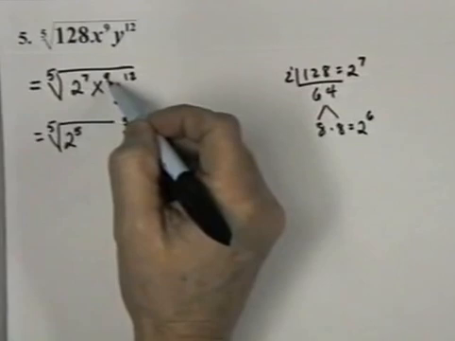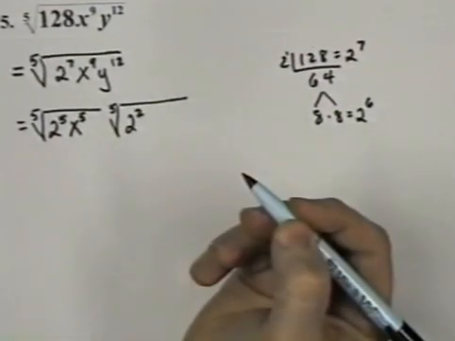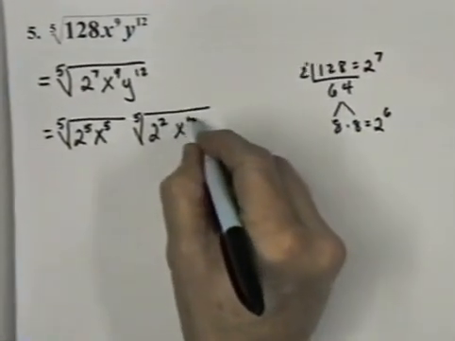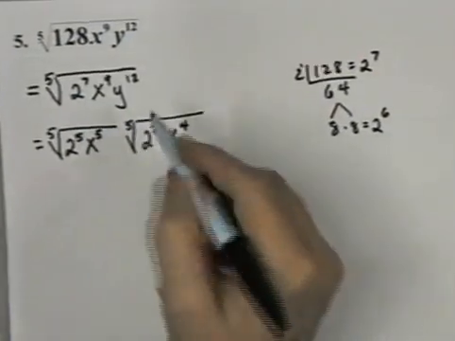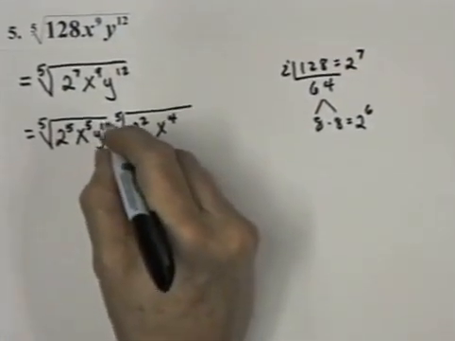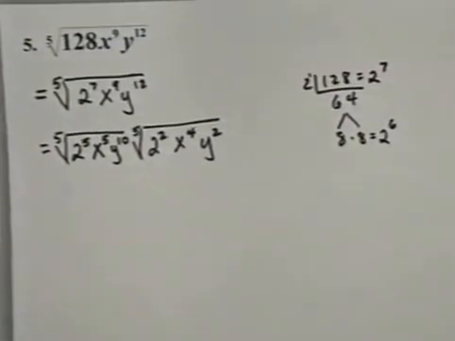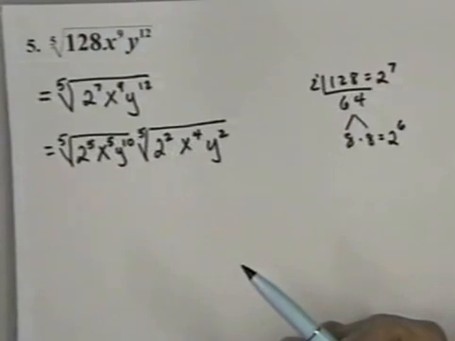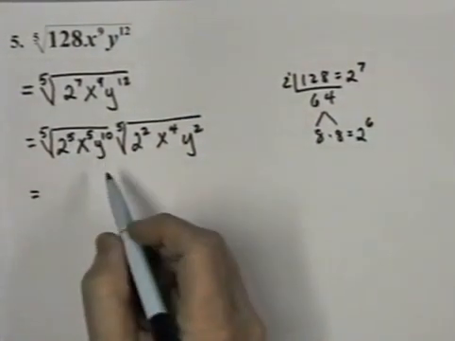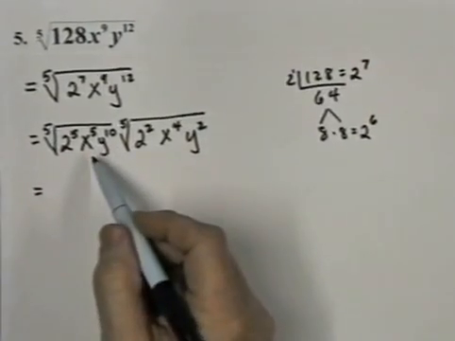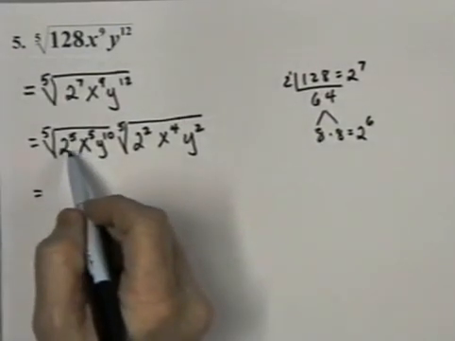X to the ninth, well, would have to be, again, 5 is the exponent, and leave me with x to the fourth in the second radical. And y to the 12th, multiple of 5, y to the 10th power, and that would put y squared over in the second radical. And so what I have in the first radical is a product of perfect fifth powers, which has to be a perfect fifth power, and we can take the fifth root of it simply by taking the fifth root of each factor.